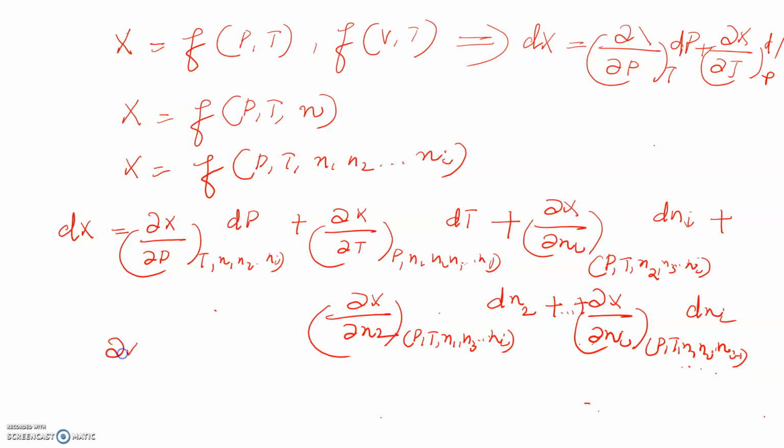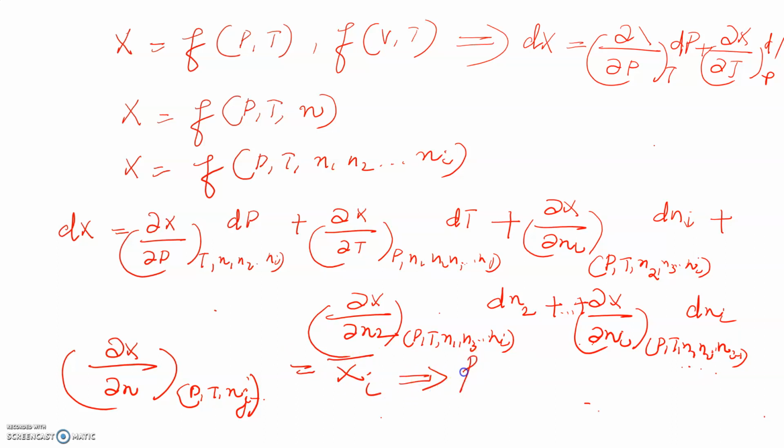In this equation, dou x by dou Ni at constant pressure, temperature and other numbers of moles Nj may be represented by x bar i, and x bar i is known as the partial molar property or partial molar quantity. So dou x by dou Ni is represented as x bar i. If it is dou x by dou N1, it will be x bar 1.